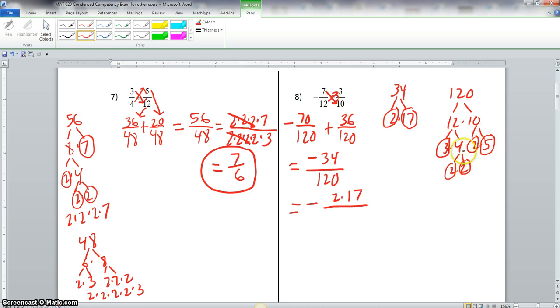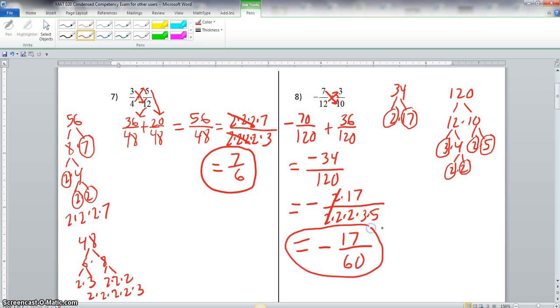So now our prime factorization here, we have 3 2's, we have a 3, and we have a 5. Now we simplify out what they have in common, which is only one set of 2's. So being negative, the numerator would be 17, and our denominator is 2 times 2 is 4, times 3 is 12, times 5 is 60. So this is your final answer for problem number 8.